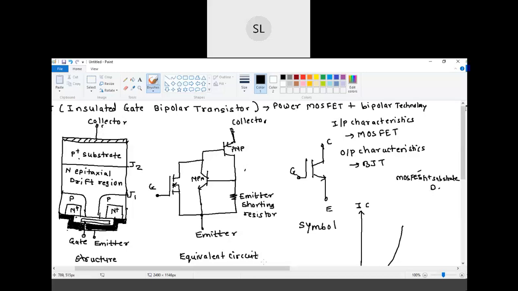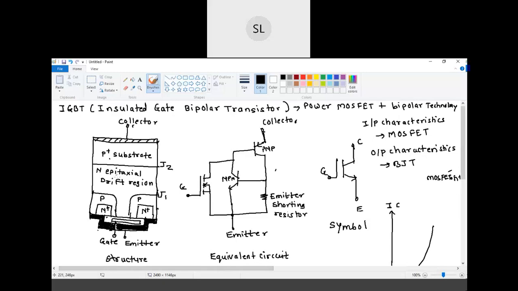Here, if you observe, there is an n-epitaxial drift region. This P plus substrate, the n-epitaxial drift region, and this P region form a PNP transistor, whereas this n-epitaxial drift region, P region, and this N plus region form an NPN transistor.